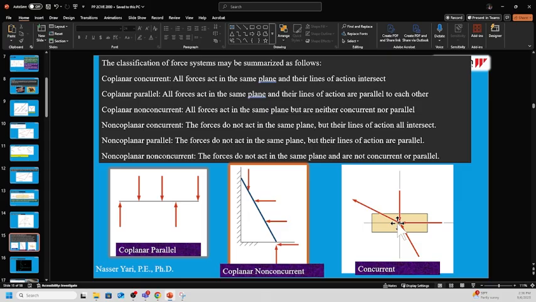Then you have coplanar parallel, which is right here. All forces act in the same plane and their lines of action are parallel to each other. That's important when you take a moment about a point. And then you have coplanar non-concurrent. That means you have different directions. Some come in the x direction, some come in the y direction. We'll see a lot of these in future examples also.